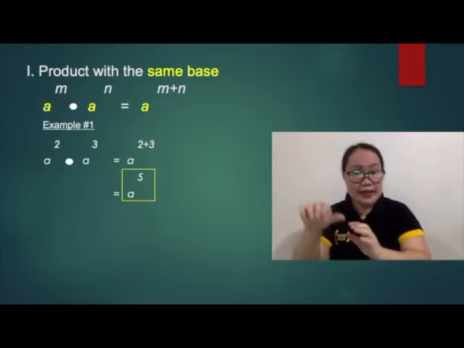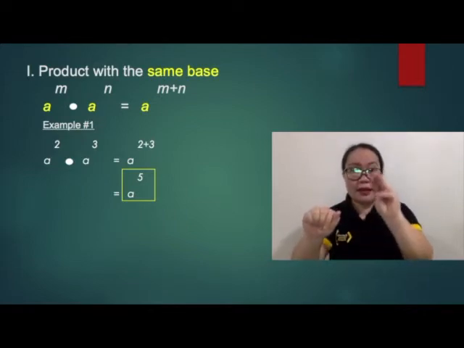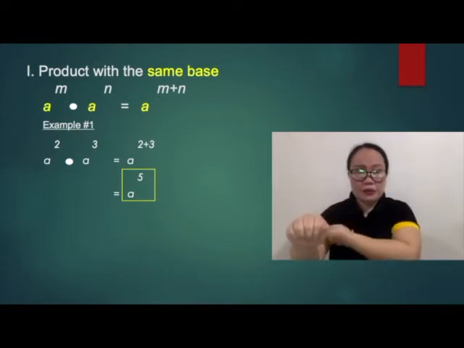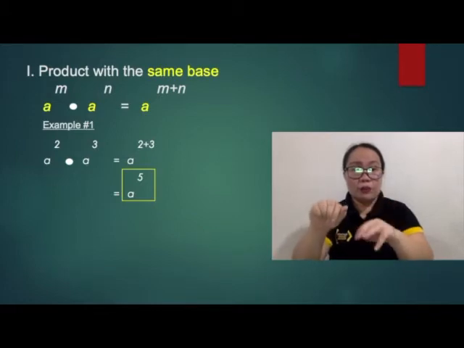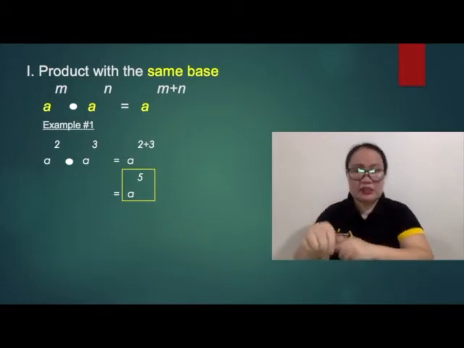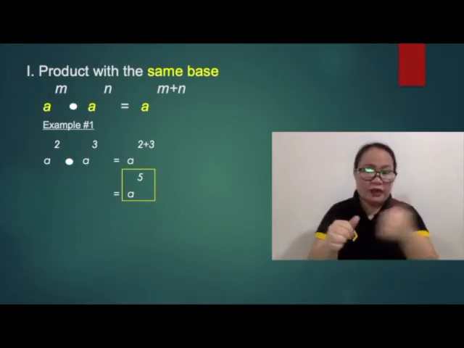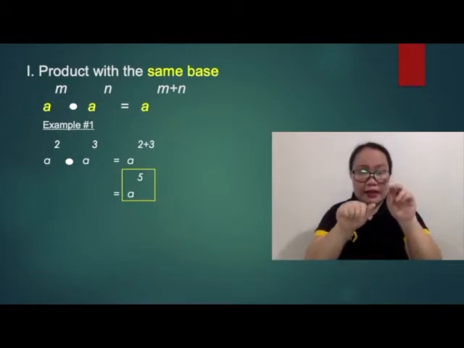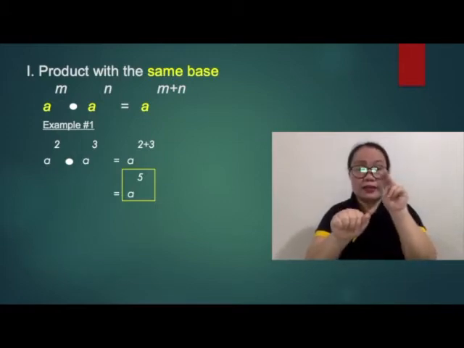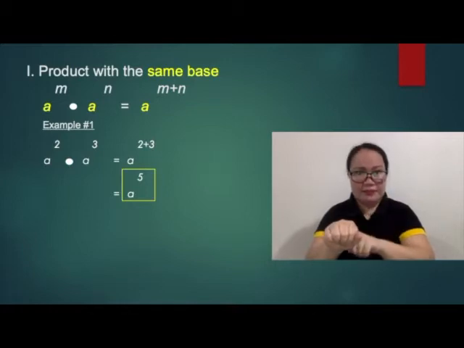So A is raised to the M power, or multiplied M times, and the other one is A multiplied N times.